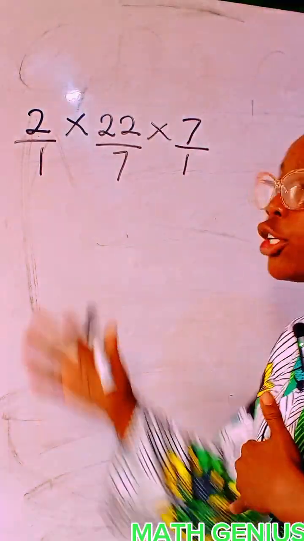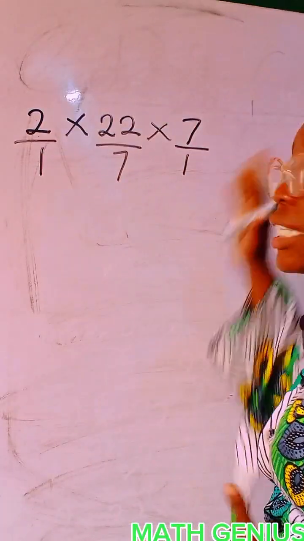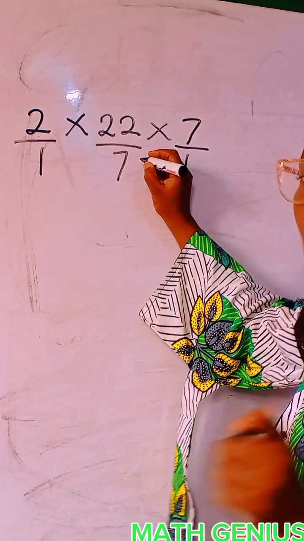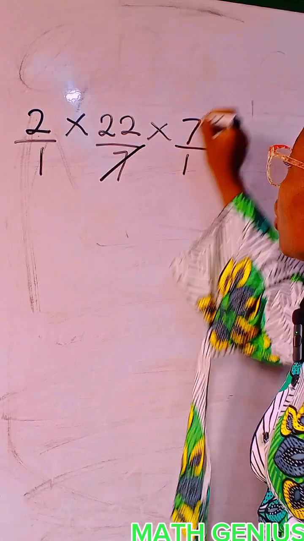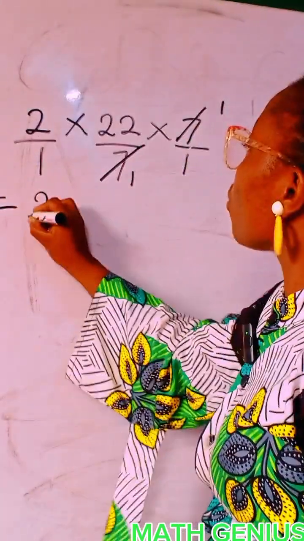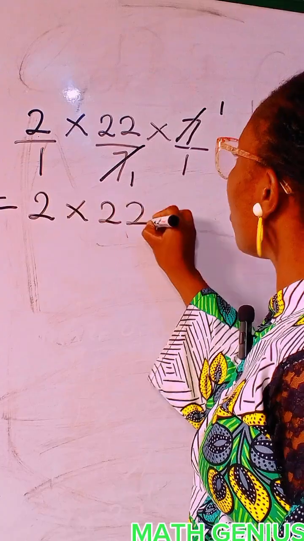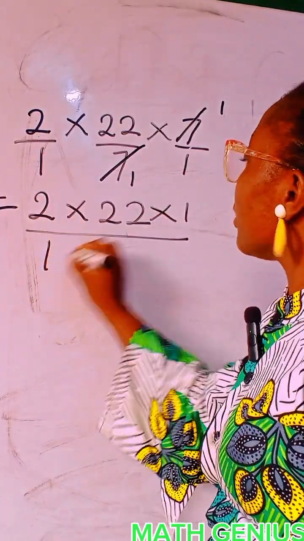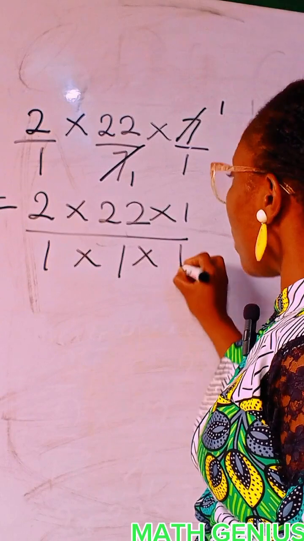That's the essence of introducing 1 as their denominators. So let's go. We can do a simple cancellation here. 7 into 7, 1, 1. So at this moment, we are left with 2 times 22 times 1, everything over 1 times 1 times 1.